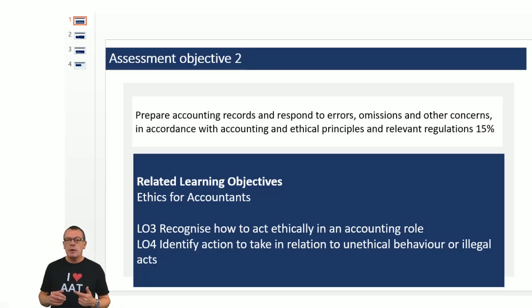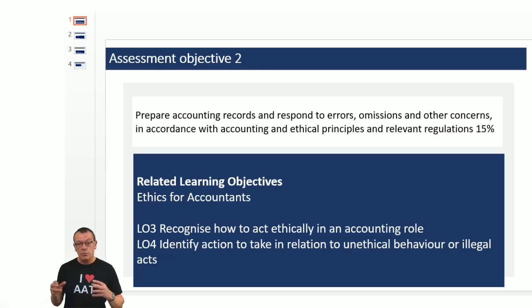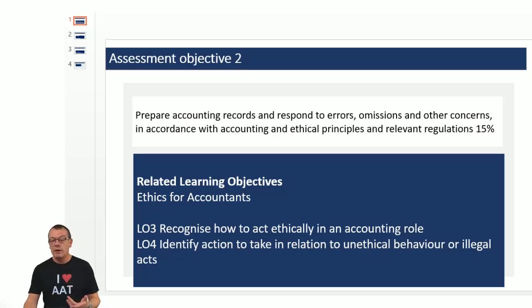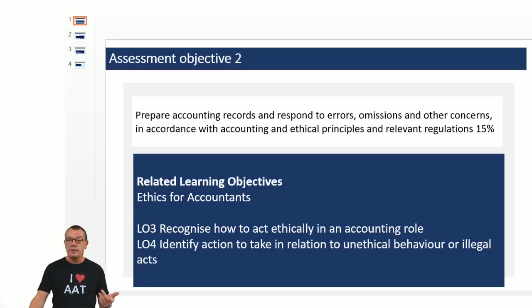Now, what is the examiner looking for? So let's take a look at what we need to know. Well, the first load of objectives have come from ethics for accountants. And what you need to know is you need to recognise how to act ethically in an accounting role. And you may well have come across this in the workplace already. And you may have been faced with this situation.